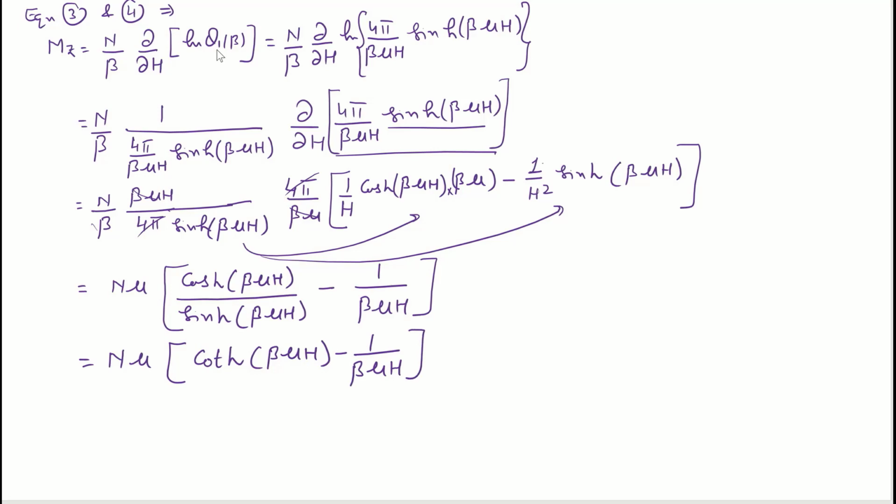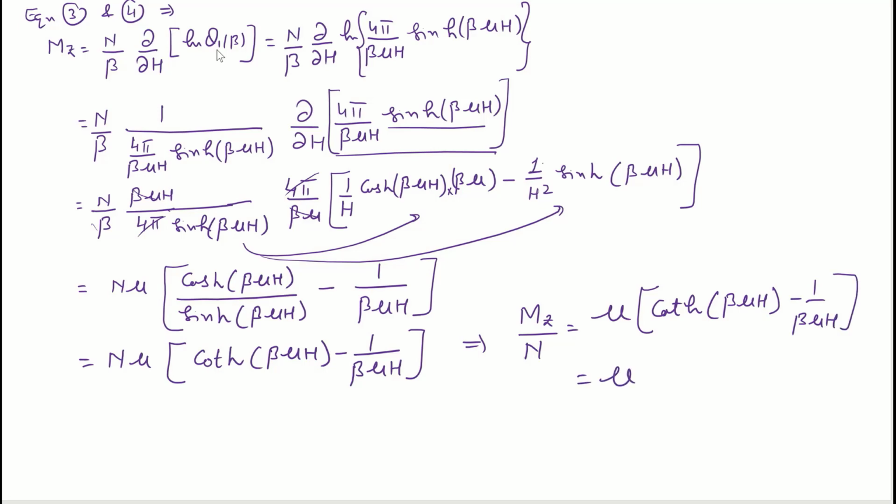So this implies the magnetization per spin, that is mz by n, is equal to mu times cotangent hyperbolic beta mu h minus 1 upon beta mu h. It's a Langevin function basically, of beta mu h. Okay, this is our final result.